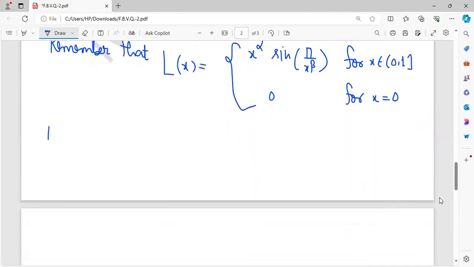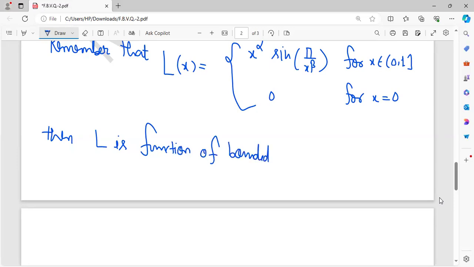Then L is a function of bounded variation if and only if α is greater than β.